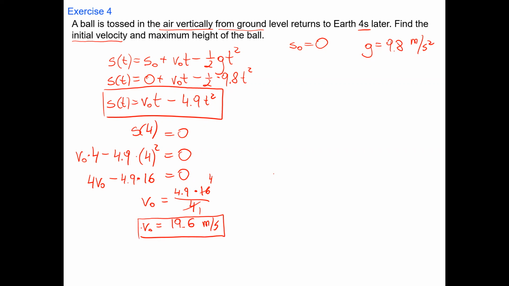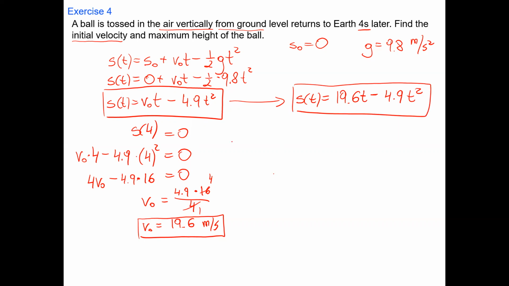Excellent. Now we can go back to our equation, and the position function is 19.6 t minus 4.9 t squared. Oh, I missed t. Yes, because we computed the initial velocity using the given information.